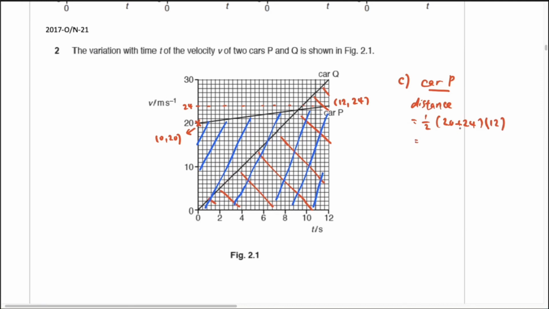Then I calculate this, 264. Now we're going to calculate car Q. The distance is area under the graph. The area under the graph is a triangle. So we do 1 over 2 base times height.